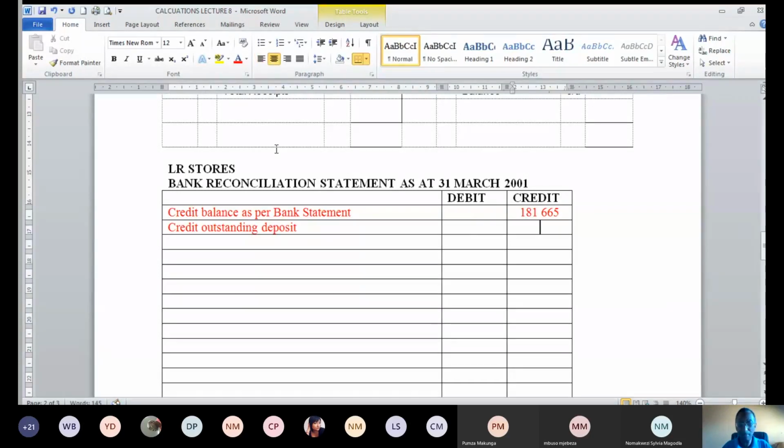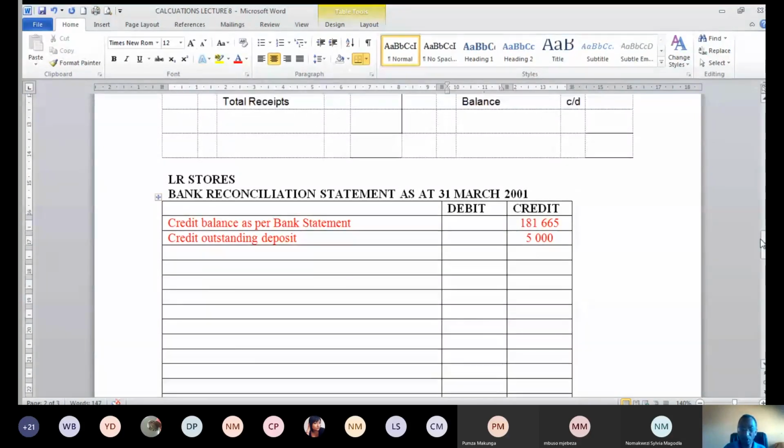It's an outstanding deposit. It appears in our records. It is not yet on the bank statement, and that is the 5,000 Rand that I spoke of earlier. It's in our cash receipts journal, not yet on the bank statement.